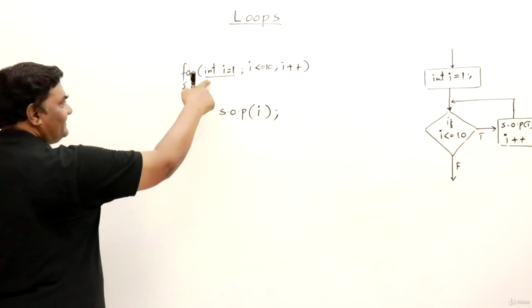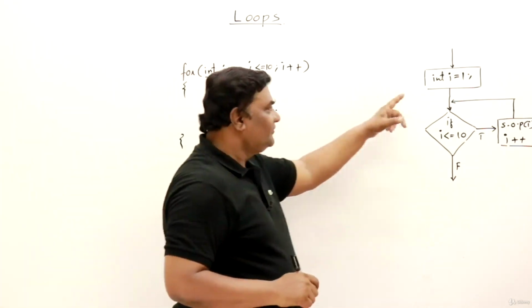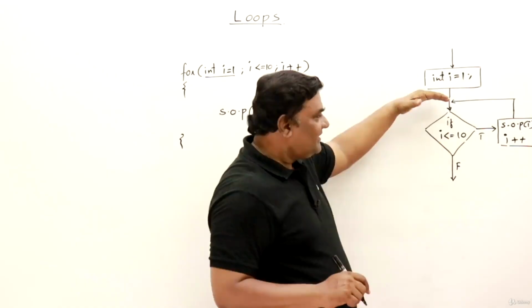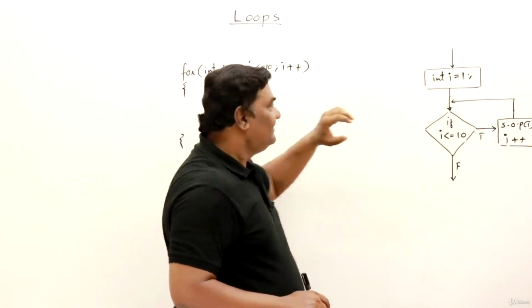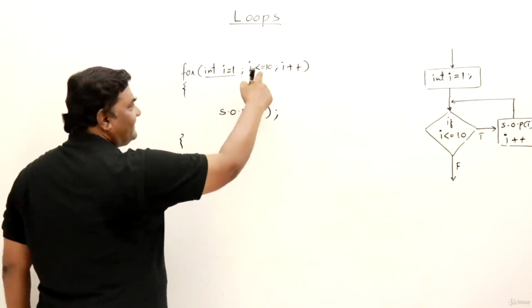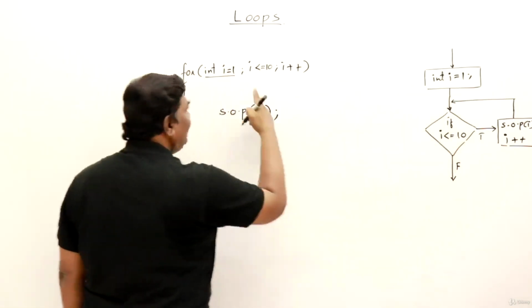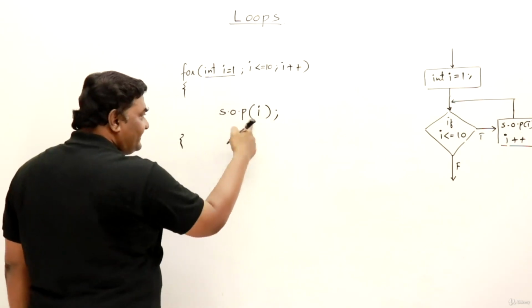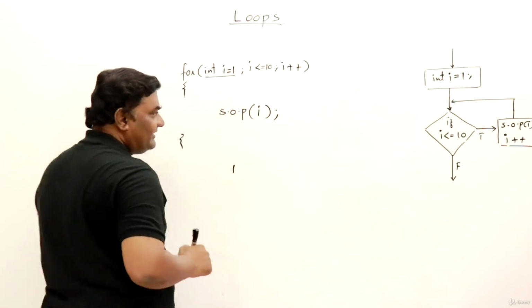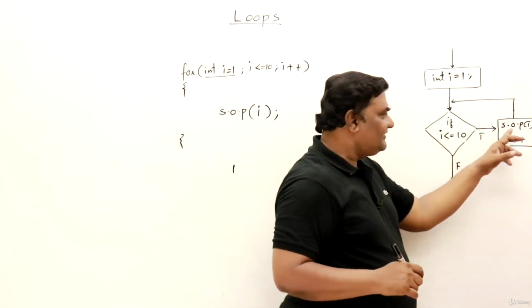You can even declare the variables here. In the flowchart, I assign 1 before entering the loop. The next condition is checked. i is 1, and 1 is less than 10. Yes, so it will enter inside and print 1.